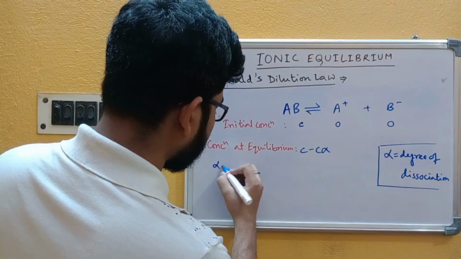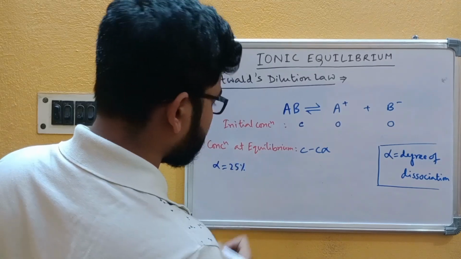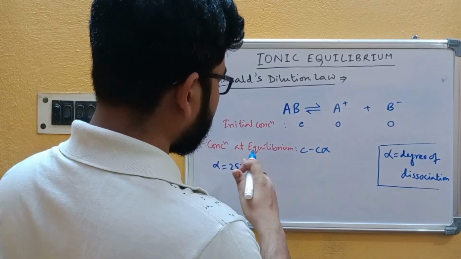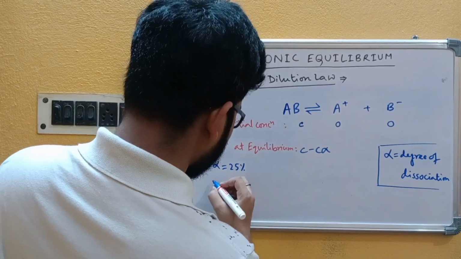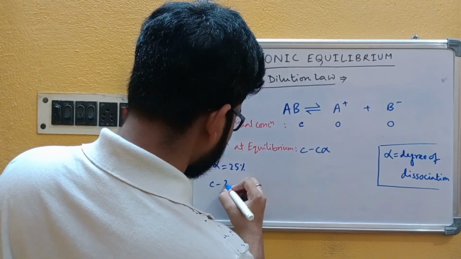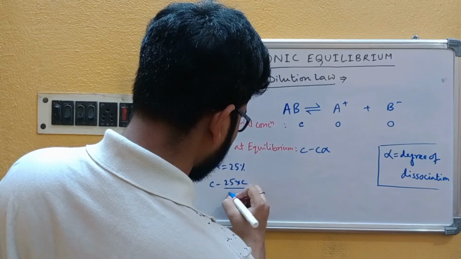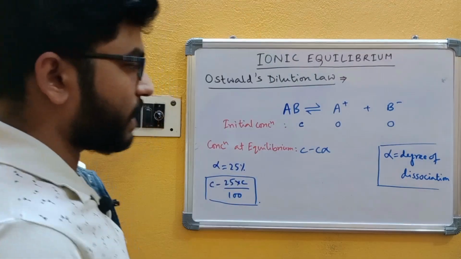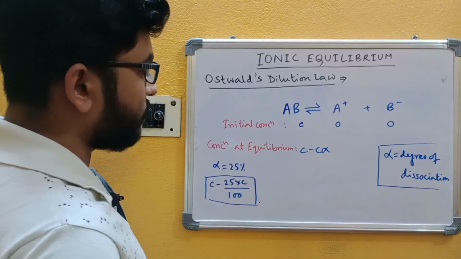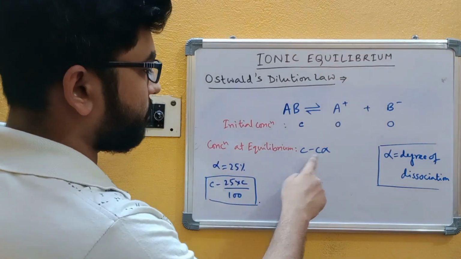Suppose this alpha is 25%. Then what will be the concentration of AB at equilibrium? It will be C minus 25 into C upon 100. So that's why the concentration at equilibrium of AB will be C minus C alpha.